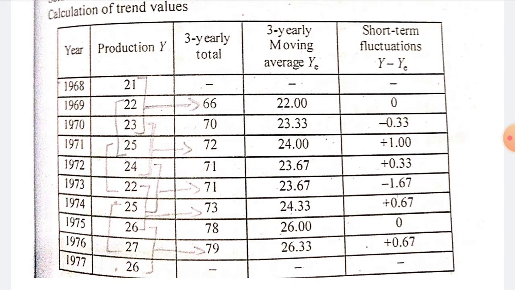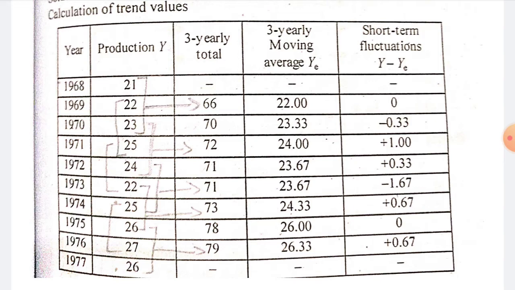So write 1968 to 1977, and then write the production values. For the 3 yearly total, the first one you simply put a dash. For the second one, 21 plus 22 plus 23 is 66. The next is 22 plus 23 plus 25, which is 70.